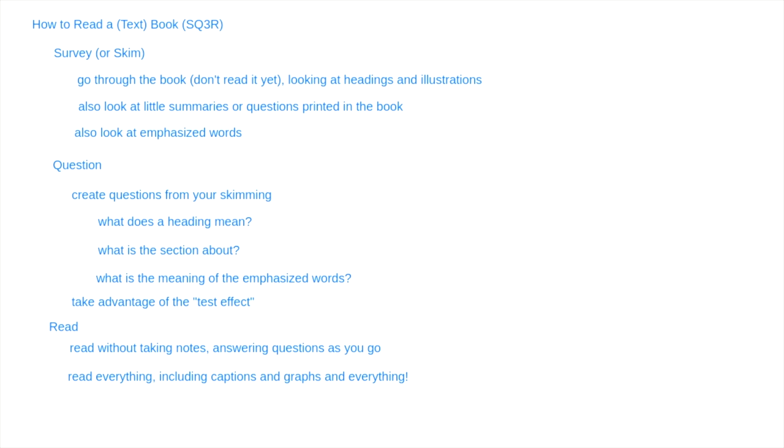My own self, just to share, and I'm different from everybody else, my attitude always in this class is: try everything that I suggest, and the things that work, keep doing those things, and the things that don't, well, why would you do something that doesn't work? And I make no requirement that you keep doing things my way. Example, I just mentioned the Cornell note-taking method.